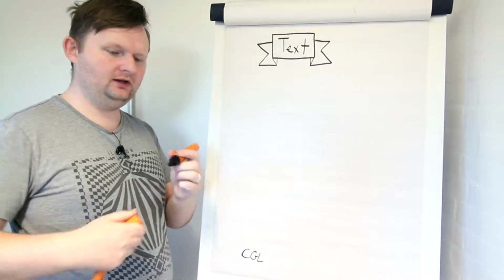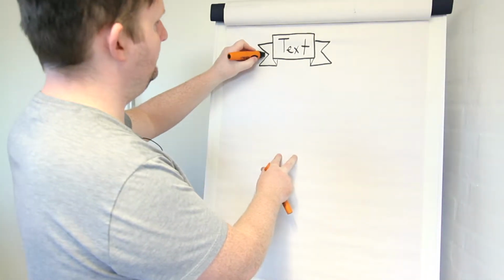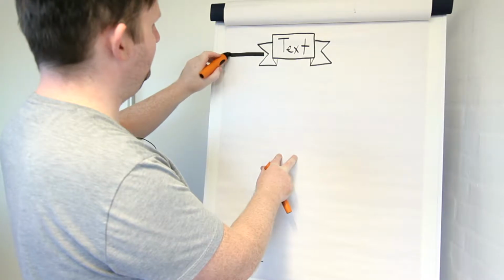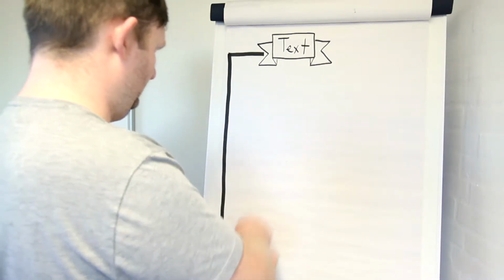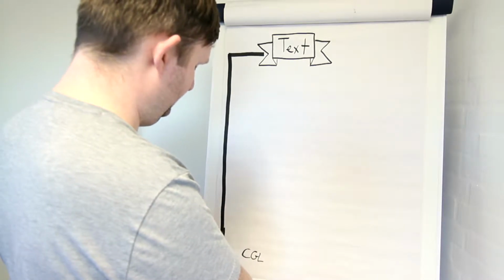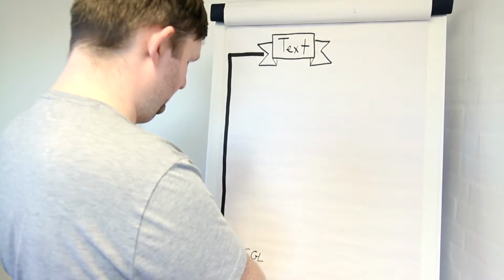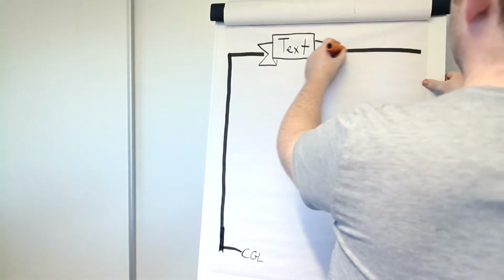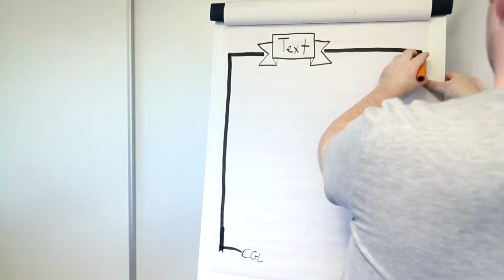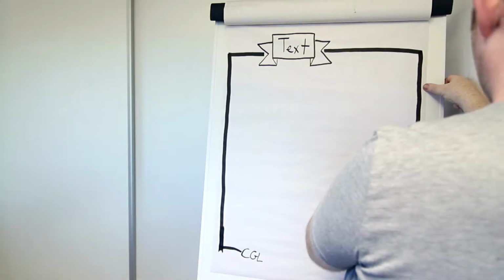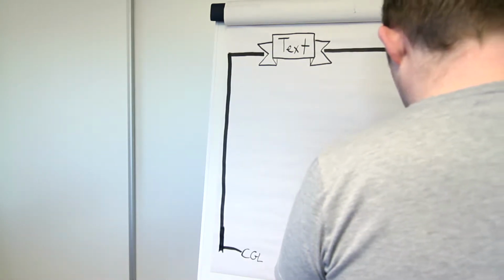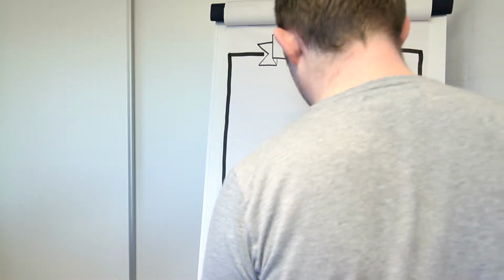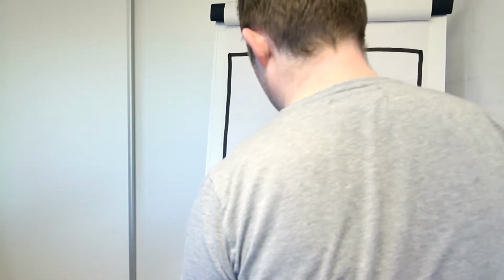Then when I finish my flip chart, I often draw a border to nicely put the content in a frame like this. And from my point of view, it just helps it become a bit more nice and tidy to watch, even though the lines are often crooked and not straight at all. But it's just a nice finishing touch.